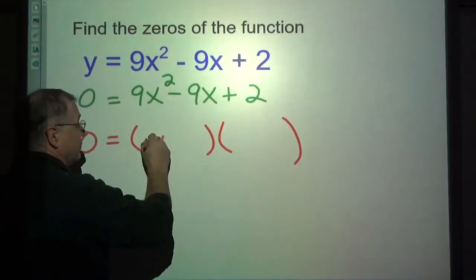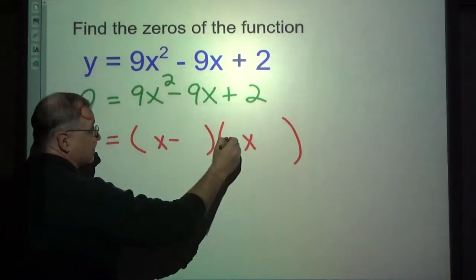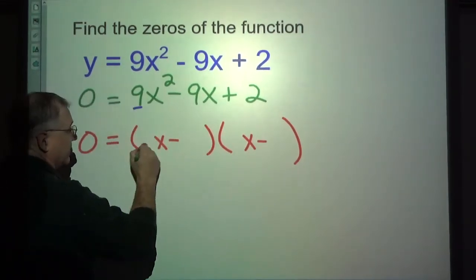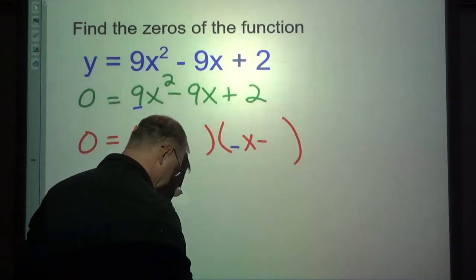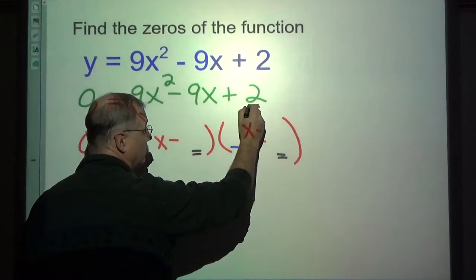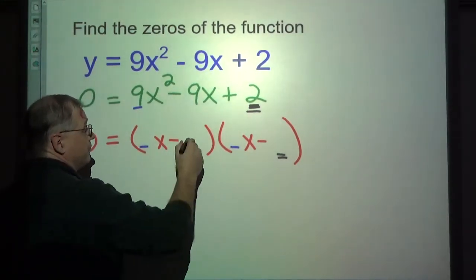Please remember, you need to have a space in front of the x. Our signs are minus, minus. We need a pair of numbers to give us 9 that go here and here. We need a pair of numbers to give us 2 that go here and here. That's 2 lines there. We know the only option for 2 is 2 and 1.